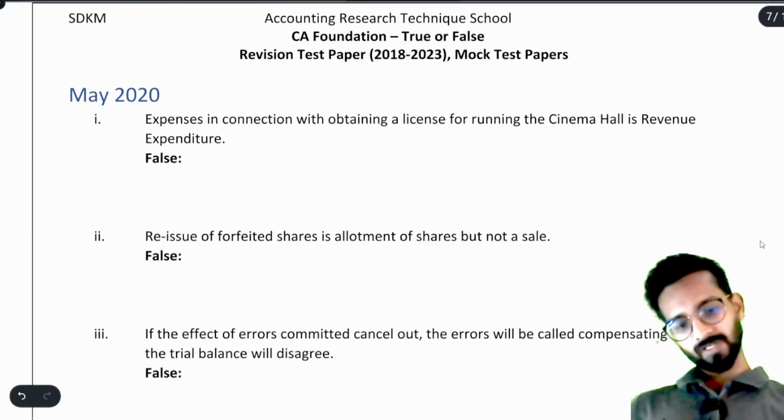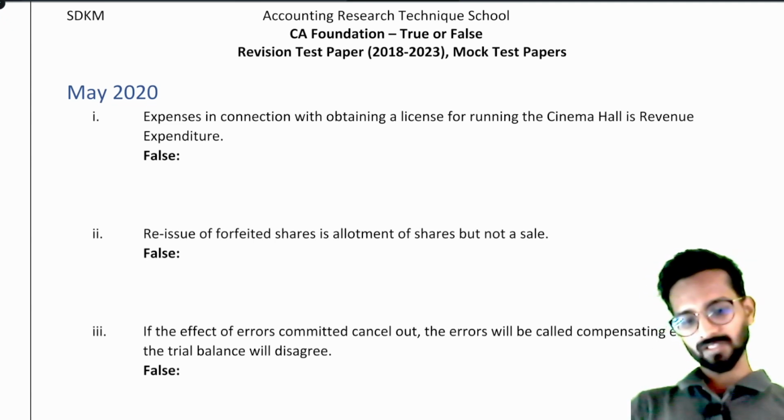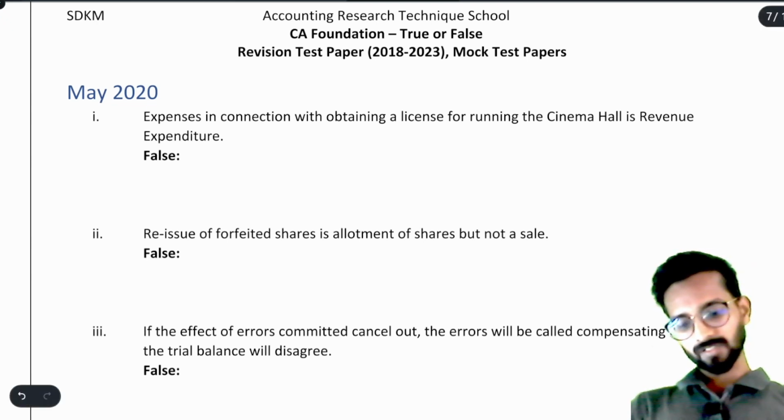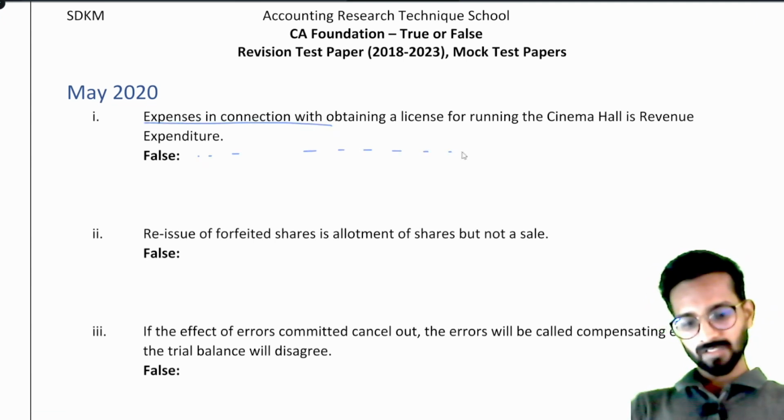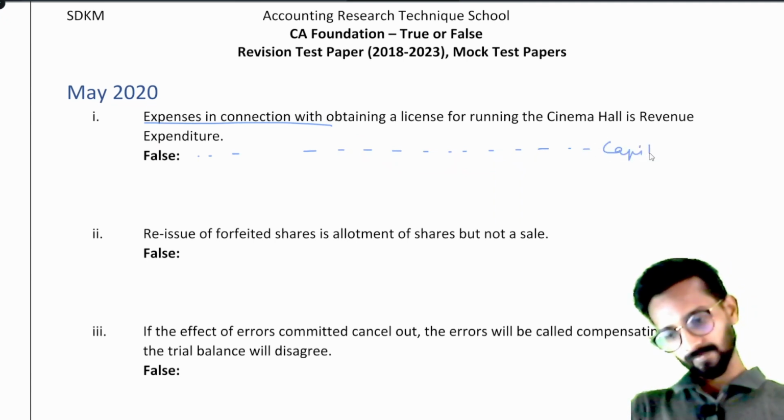Next is May 2020. The first question we have here is: expenses in connection with obtaining a license for running the cinema hall is revenue expenditure. No, it is not a revenue expenditure. The statement is false because expense in connection with obtaining a license for running the cinema hall is capital expenditure.